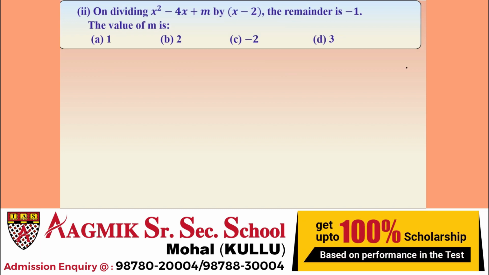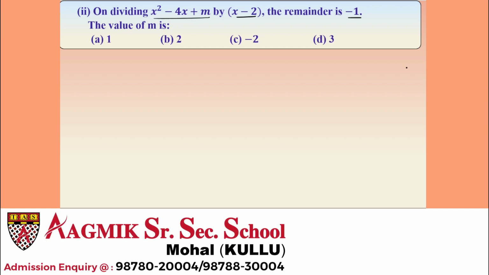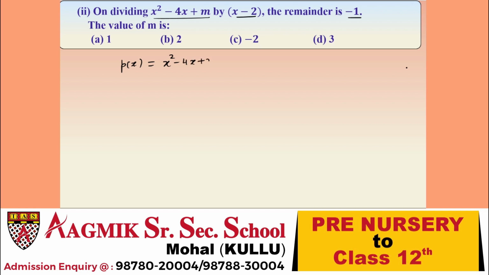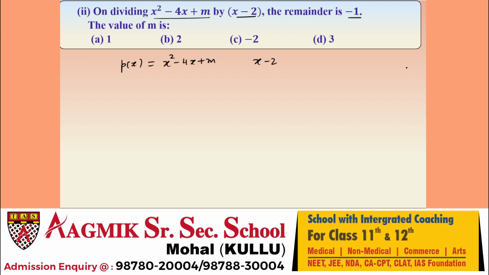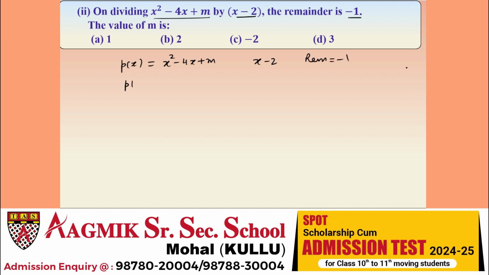Question number 2 is on dividing x square minus 4x plus m by x minus 2 remainder is minus 1. So if you consider this as a polynomial, p(x) is equal to x square minus 4x plus m, तो अगर x minus 2 से डिवाइड करने पे रिमाइंडर हमारे पास minus 1 आता है, that means p of 2 is equal to minus 1.